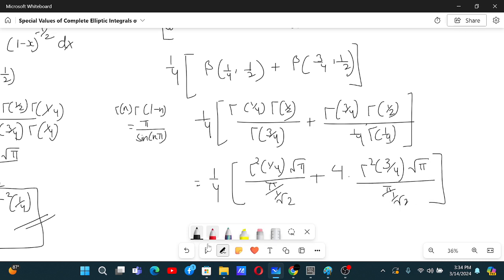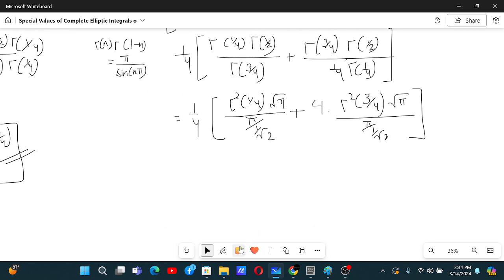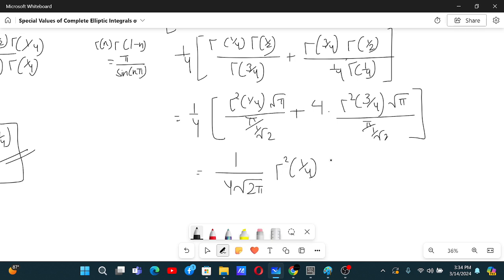Now we are near the end. Now this is 1 by 4 root 2 pi gamma square 1 by 4 plus here 4 cancels out, and 1 by root 2 pi gamma square 3 by 4. That's the answer.